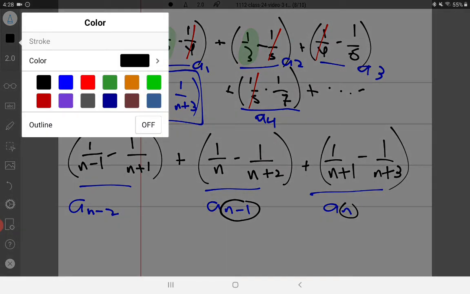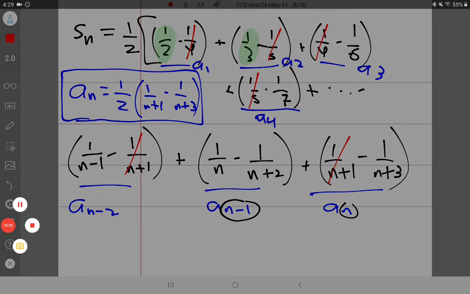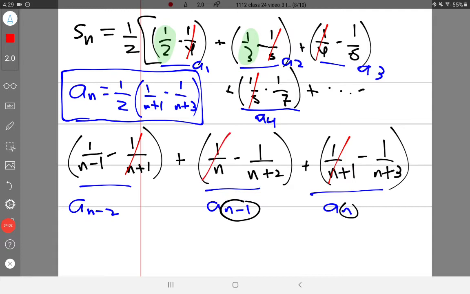And let's look at where the canceling is happening. I have a minus 1 over n plus 1 here, and a plus 1 over n plus 1 there. This plus 1 over n is going to be canceled out by a minus 1 over n that happened earlier in the summation. And all things would cancel except for this minus 1 over n plus 2 and this minus 1 over n plus 3.